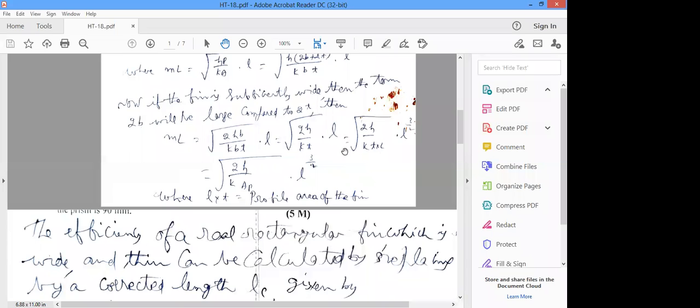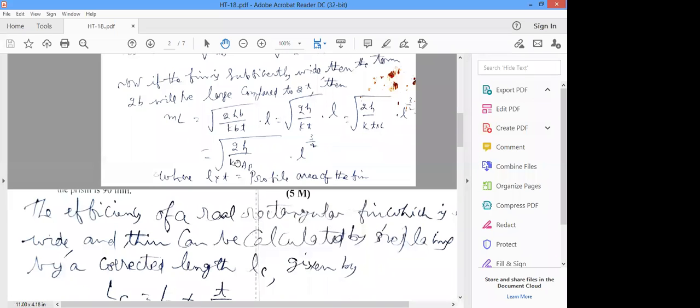So ML is equal to square root of 2H by K into length into thickness, length of the pin into thickness. That is AP, the profile area of the pin, into L to the power 3 by 2. We are just manipulating the mathematical expression.